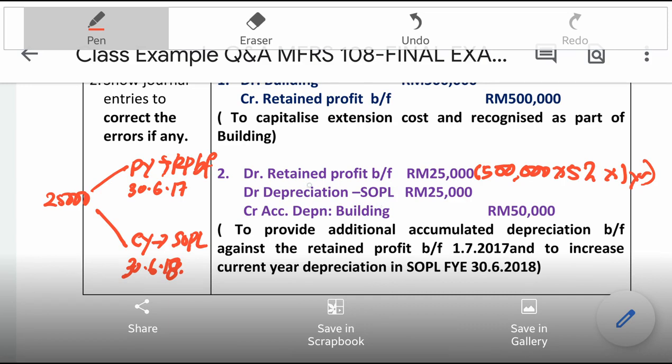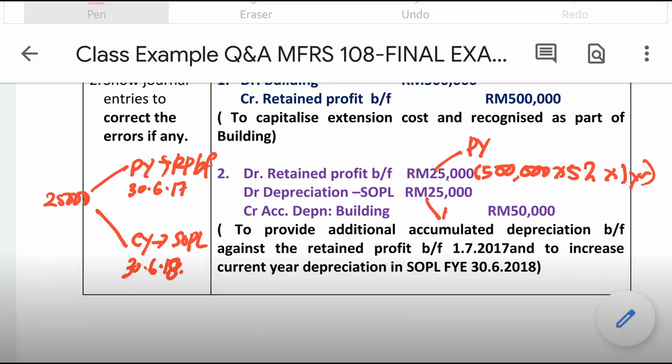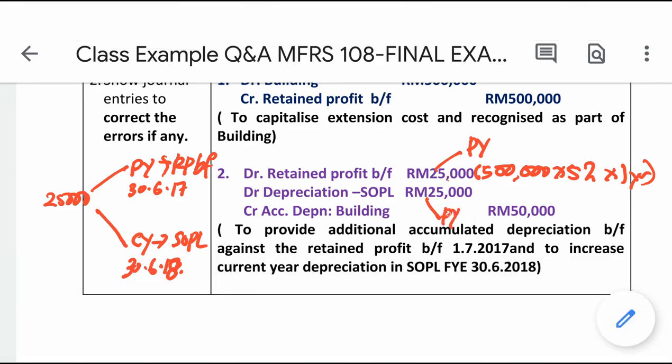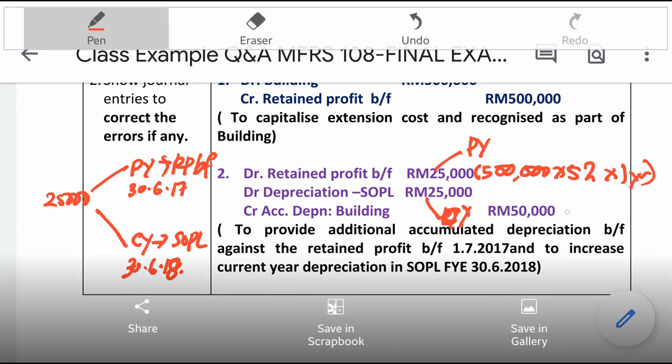So you will debit retained profit 25,000. This one is for the prior year. You will also debit your depreciation in the SOPL another 25,000, that is for the current year, and the total that you will credit to your accumulated depreciation will be 50,000. That restates the additional accumulated depreciation.